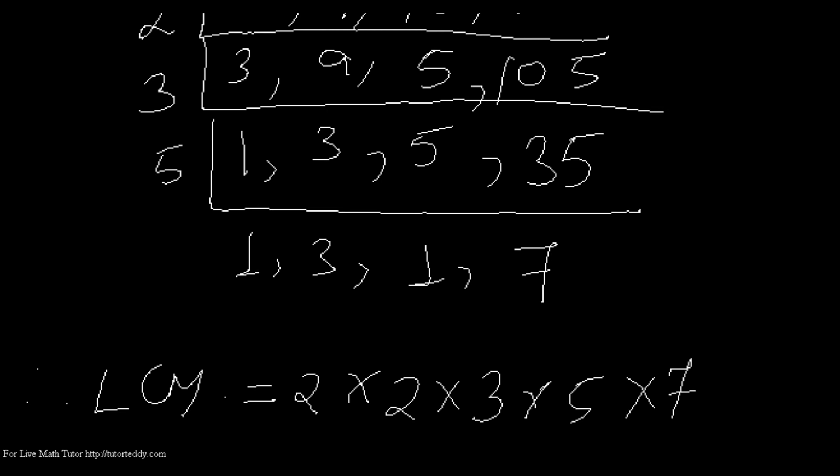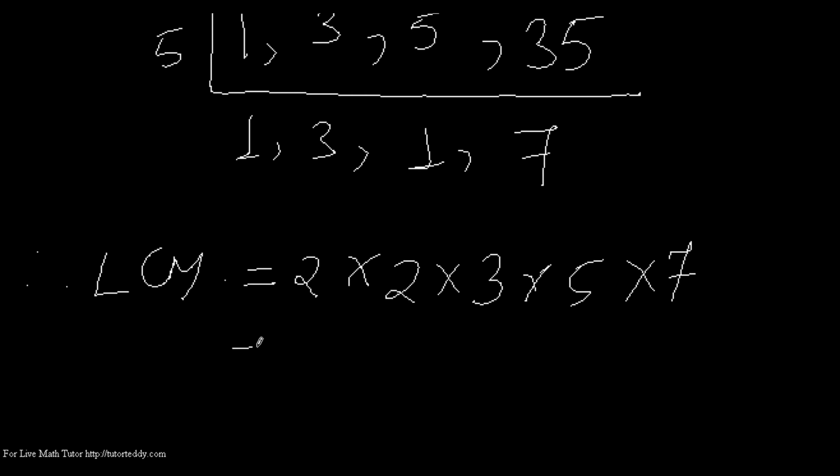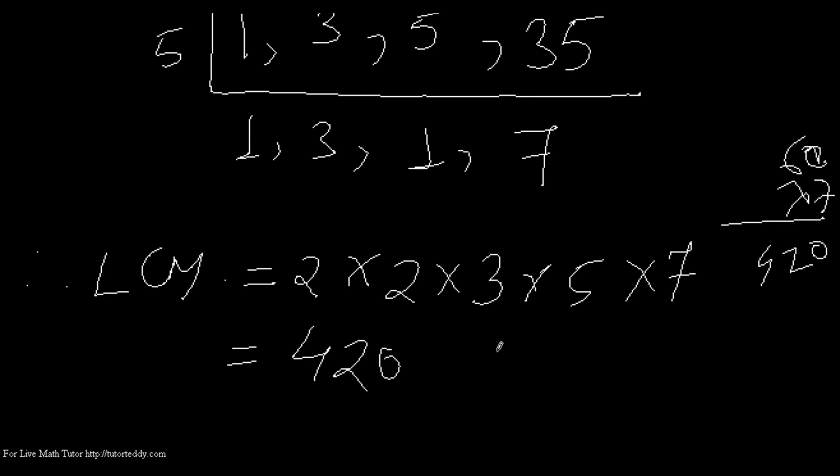And how much does that come? 2 2s are 4, 4 3s are 12, 12 5s are 60, and then 60 into 7 is 7 zeros are 0, 6 sevens are 42. So 420 is my LCM.